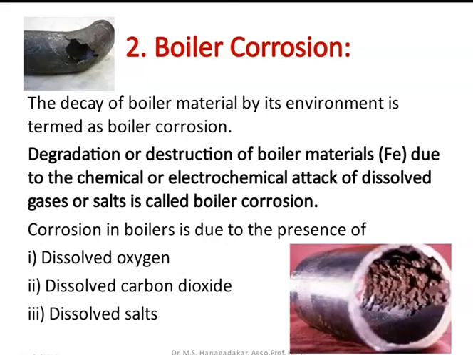Now this is the concept of boiler corrosion, because you know that the boiler is made of steel or an iron tank, and the parts of the boiler components undergo corrosion because of impurities present in the water, maybe in the form of dissolved gases or maybe in the form of dissolved salts.